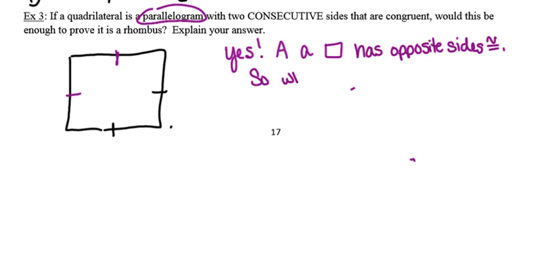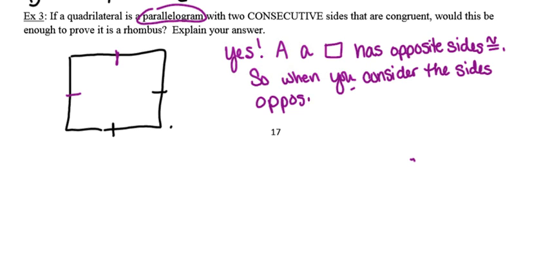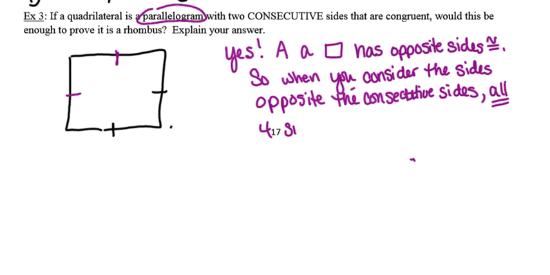So when you consider the sides opposite the consecutive sides, all 4 sides must be congruent, making the quadrilateral a rhombus.